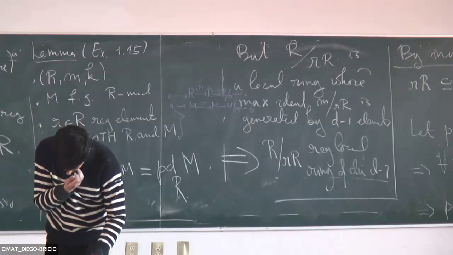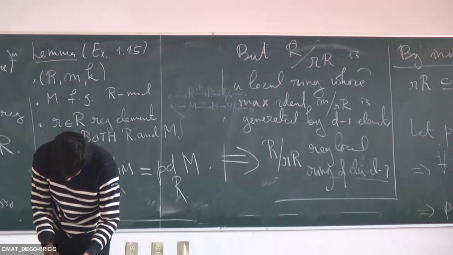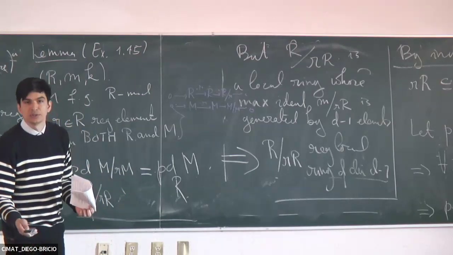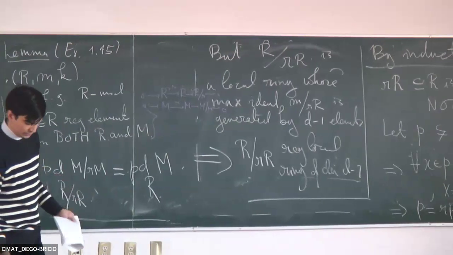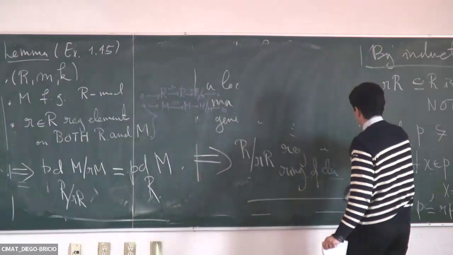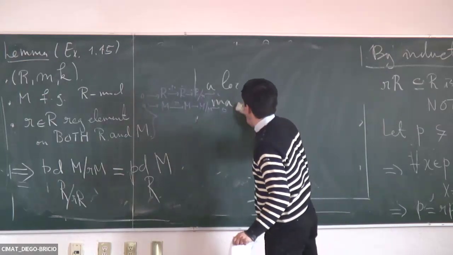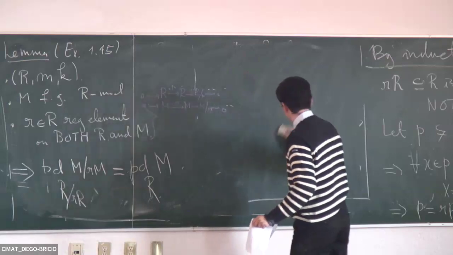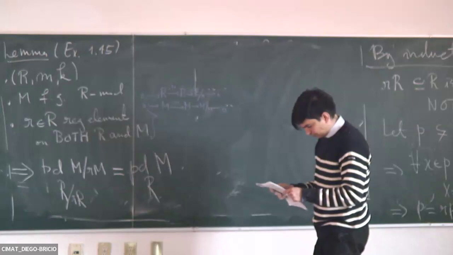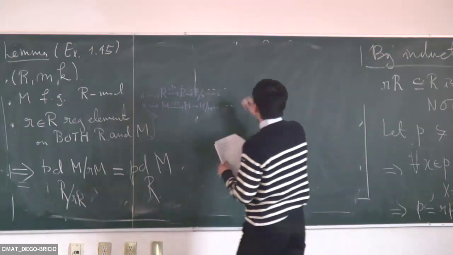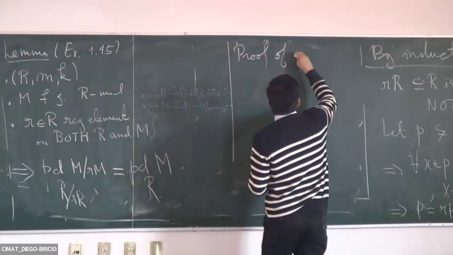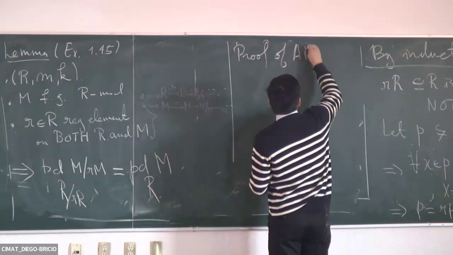Now, why does this imply the Auslander-Buchsbaum theorem? So let's do it over here. Proof of the Auslander-Serre theorem.